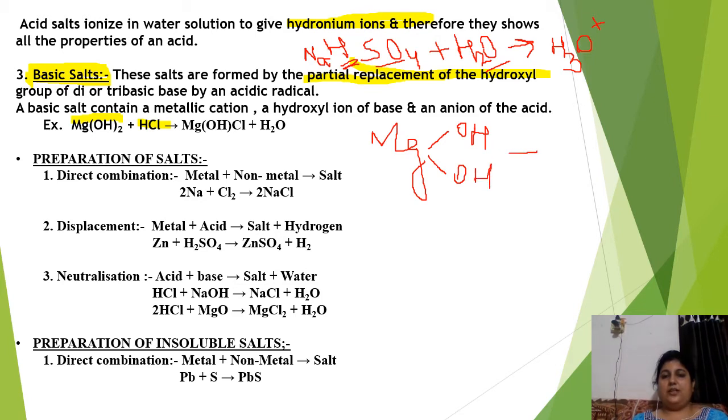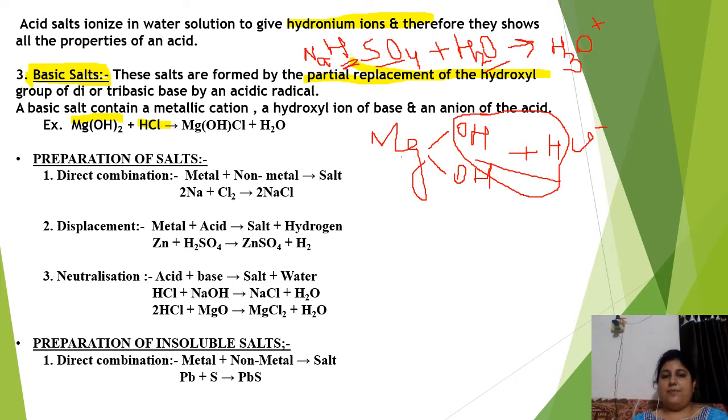When it reacts with HCl, HCl means H positive and Cl negative. What will happen? This reacts with this hydrogen and results in the formation of a water molecule.